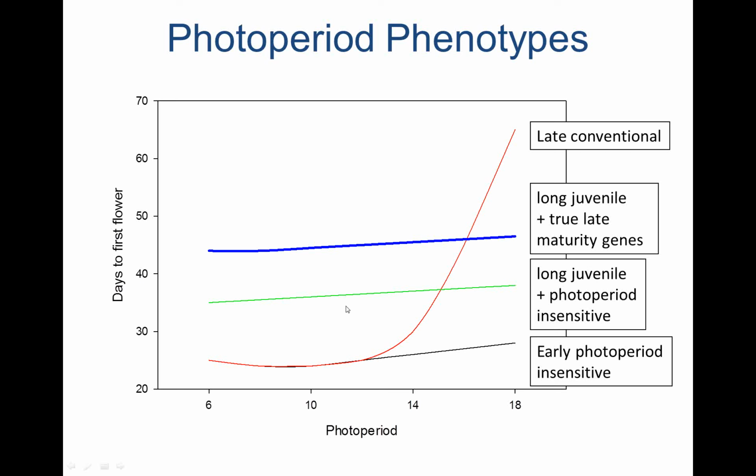And then if we need to have delayed flowering to get a more full season green revolution type, can we find some true late maturity genes that are not photoperiod response genes, but ones that would delay maturity in a sort of a fixed way, so that we could have a range of lines from early to late that would flower and mature in 100 days or 120 days, basically regardless of where we planted them.